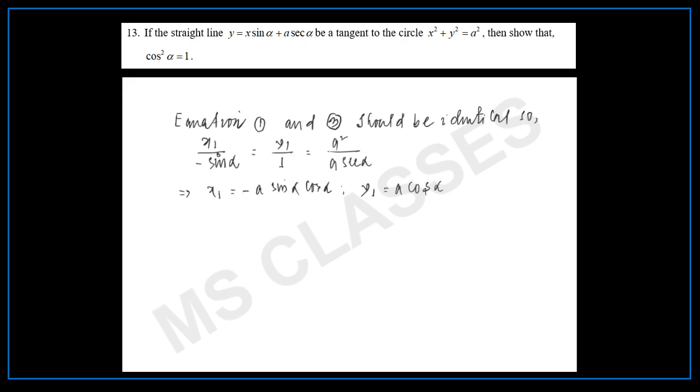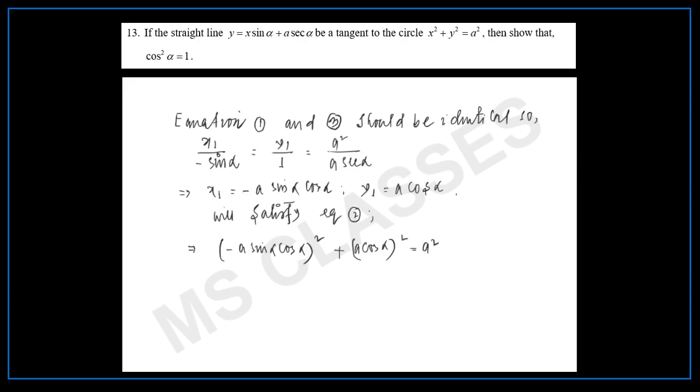Now x1 and y1 will satisfy equation 2. So we get minus a sine alpha cos alpha whole square plus a cos alpha whole square equal to a square.